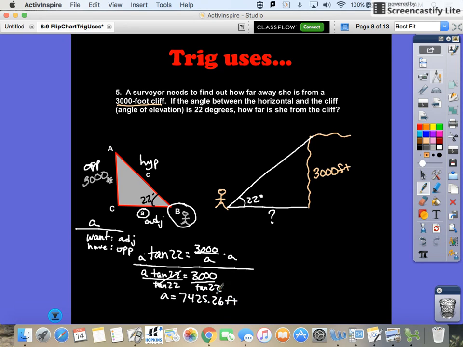And that's feet, because that's how high the cliff is. That was the question. Sorry, the question was how far is she? So that's this one right here. She's about 7,400 feet away.